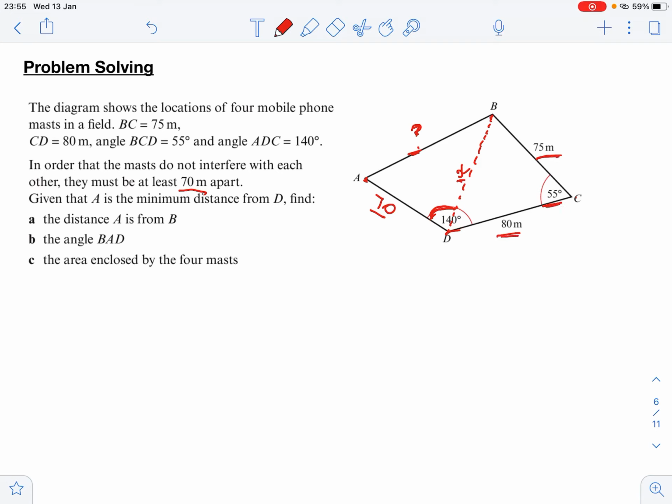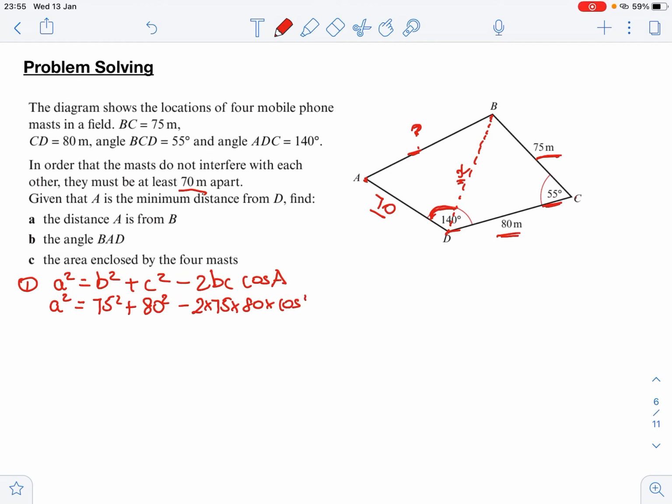So part 1, let's use our cosine rule. a squared is equal to b squared plus c squared minus 2bc cos A. So a squared is equal to 75 squared plus 80 squared minus 2 multiplied by 75 times 80 times cos 55.